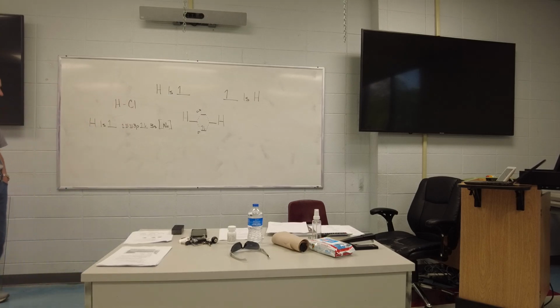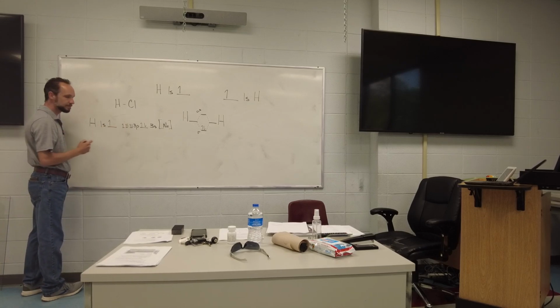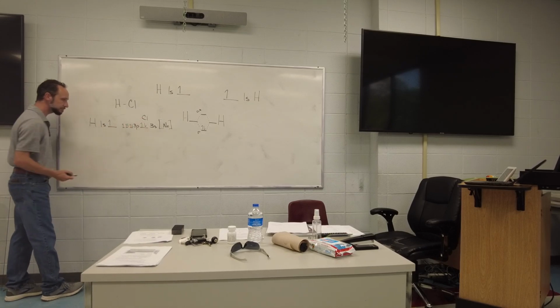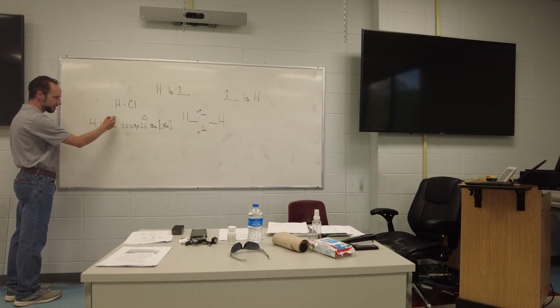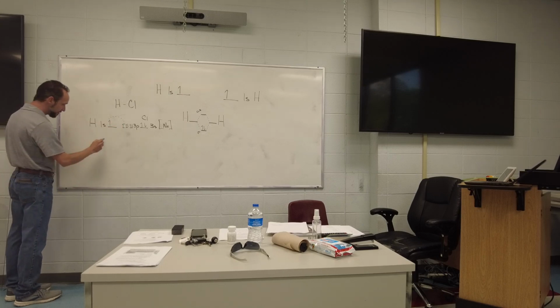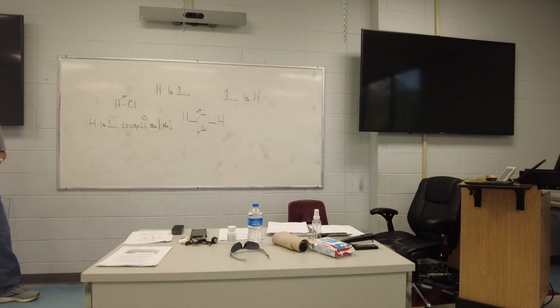What's the emphasis for these two things to bond? This is chlorine. This electron can go right there, and then you get that single sigma bond between the hydrogen and the chlorine.